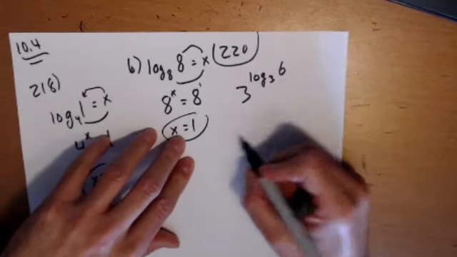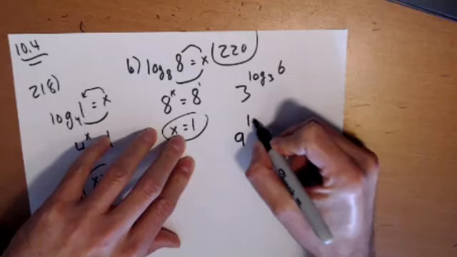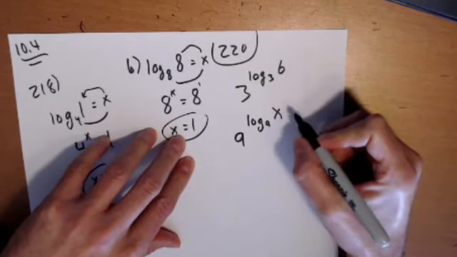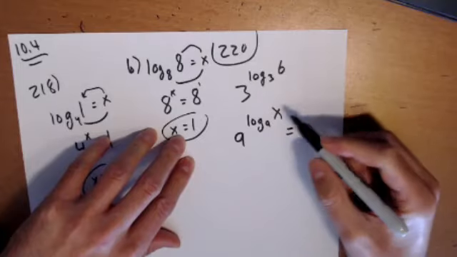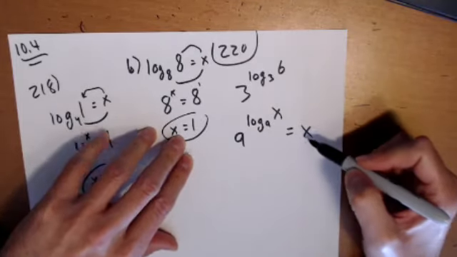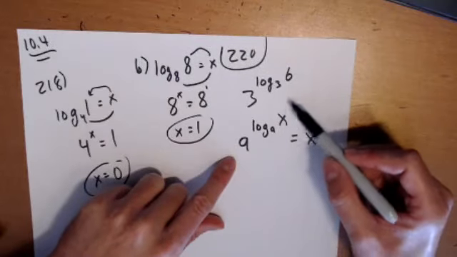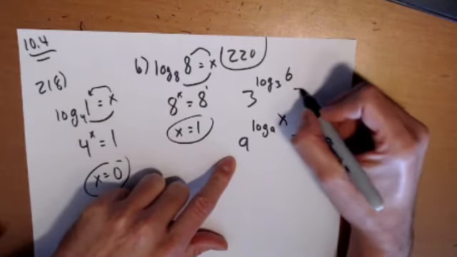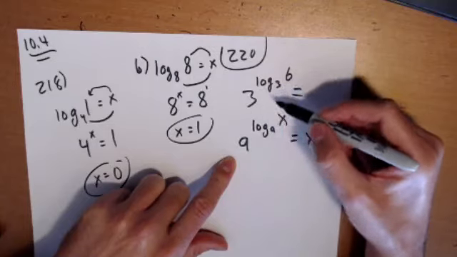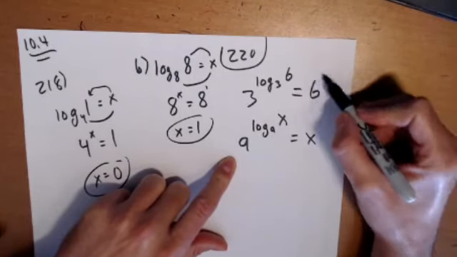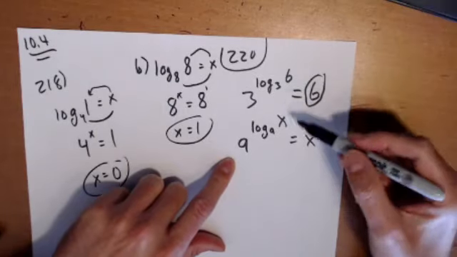They have this property: a to the log base a of x is just x. You see how the a's look like 3's? And the 6 is the x. So 3 to the log base 3 of 6 is just 6. We're just using the formula.